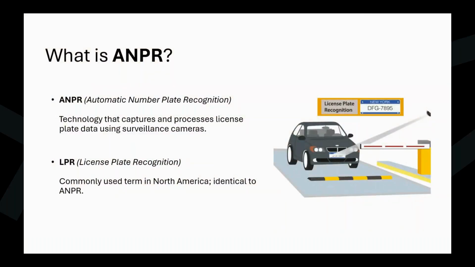So just as a baseline, what's ANPR? ANPR, or LPR, which is often the term used in North America, very simply is using technology to capture characters on a number plate, but for the context of this presentation, we expand this out to other OCR type applications, so optical character recognition.